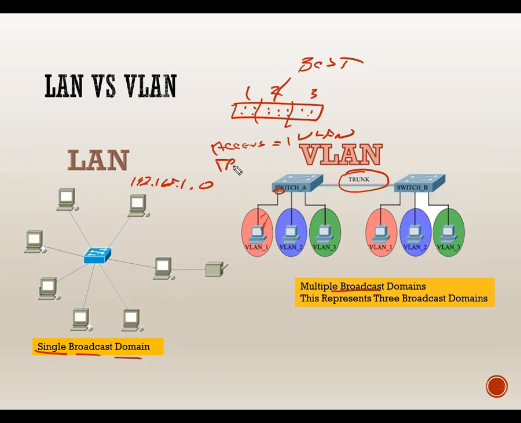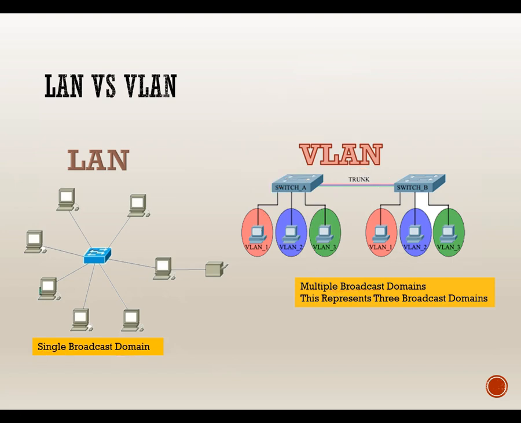Trunk, all the VLANs, so that we can allow this sort of arrangement where I can have a switch in a VLAN 1 on the first floor, and then maybe on the 14th floor we have another switch in that VLAN. As long as we have trunk ports connecting them together, we can communicate between those two devices. They're in the same broadcast domain, the same virtual local network.